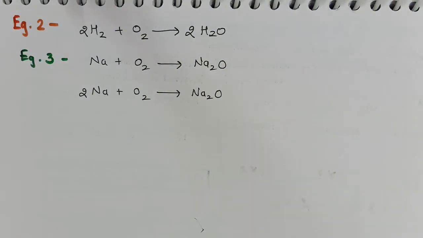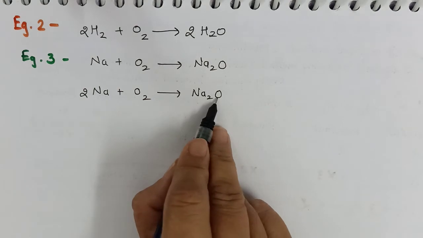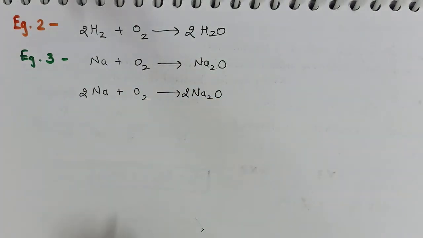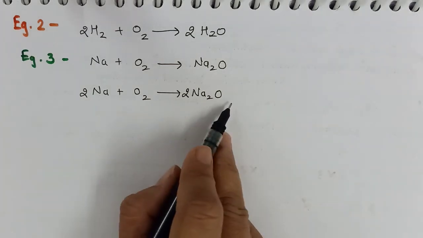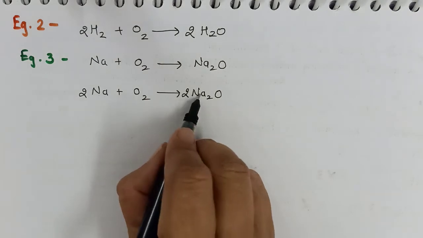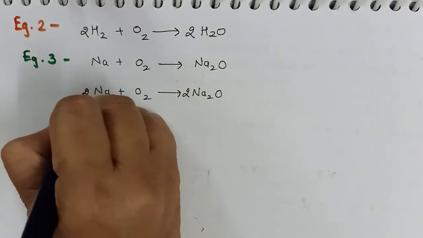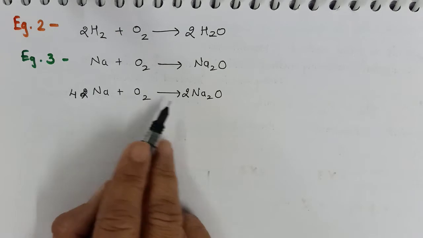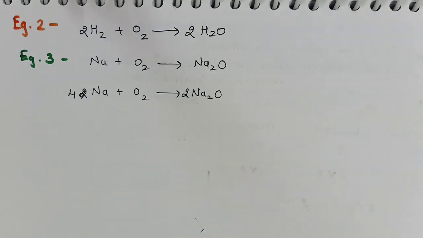For oxygen, reactant side 2 and product side only 1. So I have to multiply here by 2. So I can see oxygen has got balanced but sodium, its number is disturbed. Sodium is now 2 into 2, 4, and therefore here I will change the answer to 4. And hence the final answer will be 4 sodium plus oxygen gives 2 Na2O.